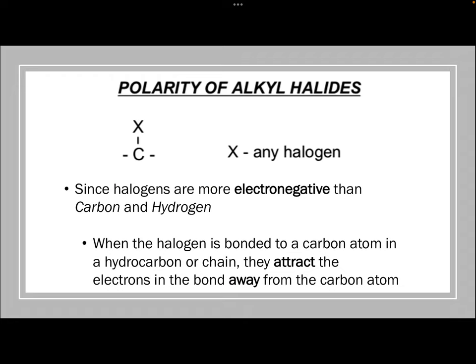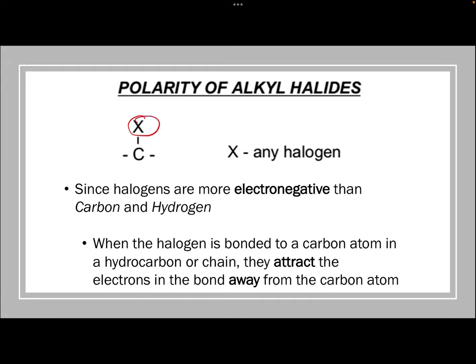When we look at the polarity of the alkyl halides, it's really important to look at how it is structured. Since the halogens are more electronegative than carbon and hydrogen, the halogen in the bond to the carbon atom in the hydrocarbon chain is going to attract the electrons in the bond away from that carbon atom. They're going to pull things more.